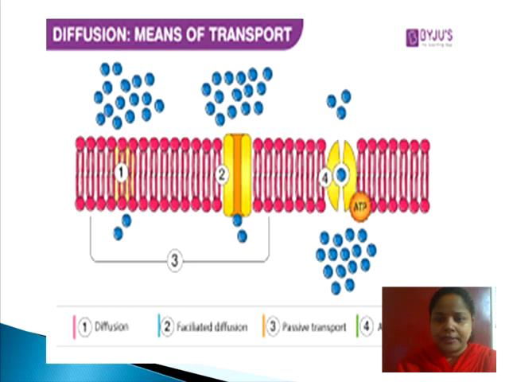Another example is when we drop dye inside a beaker of water, the entire water gets colored. How does this happen? This all occurs due to diffusion.